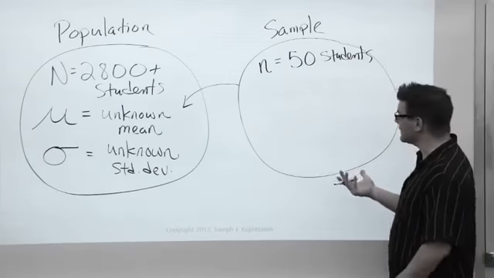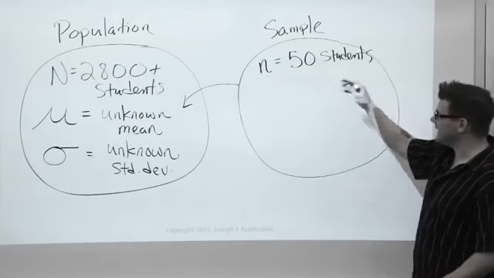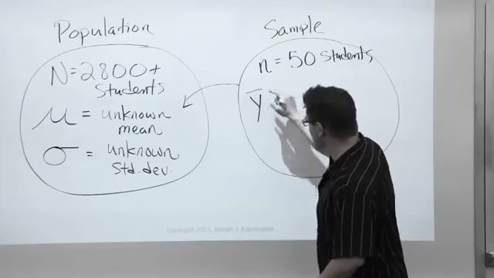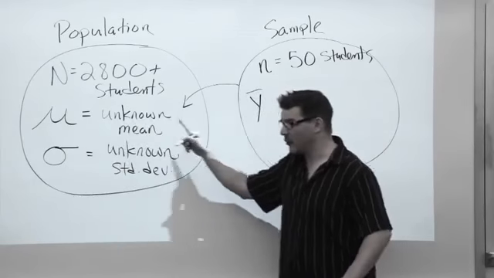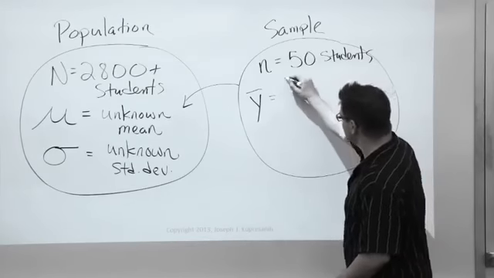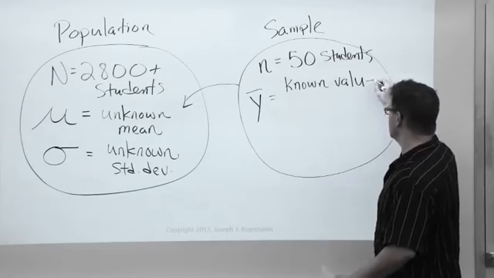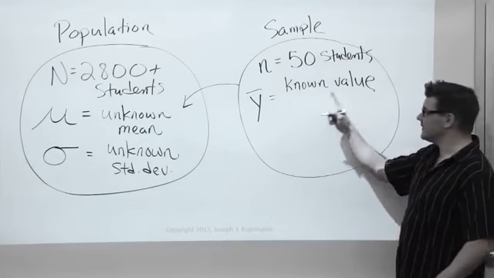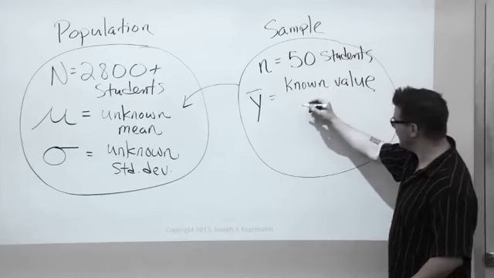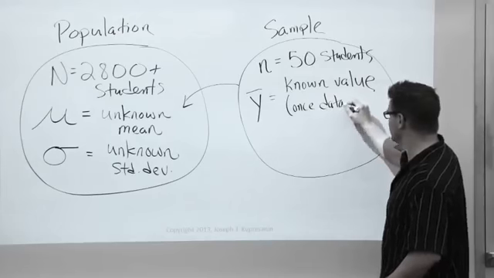That theory that we learned. Once I interview my 50 students, survey them, I can calculate the sample mean. I'll call it y bar. The symbols are different, and they're important. This is the sample mean. This will be a known value. I don't know what it is, because I'm just diagramming what's going to happen, but this will be a known value once data is collected.